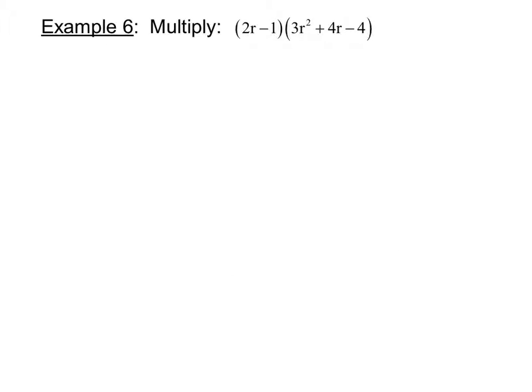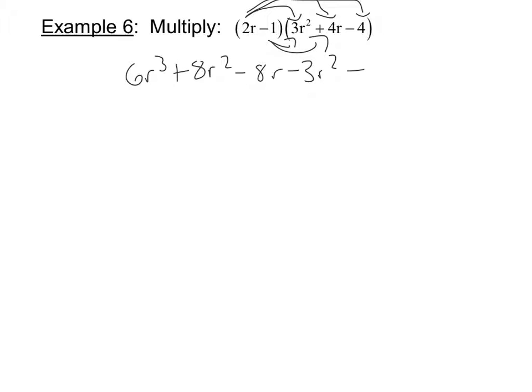So it's still the same process here, guys. Distribute. So you get 6r to the third plus 8r squared minus 8r minus 3r squared minus 4r plus 4.